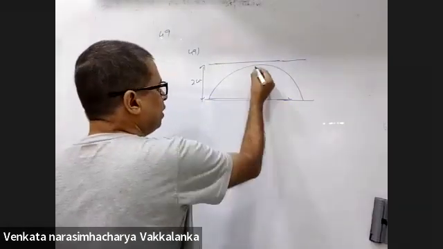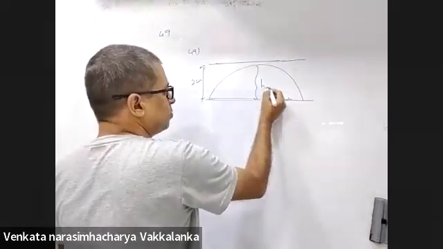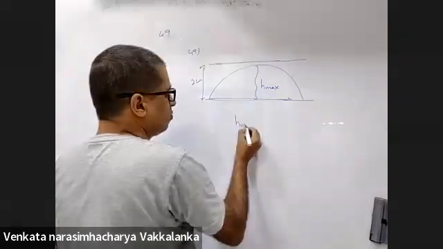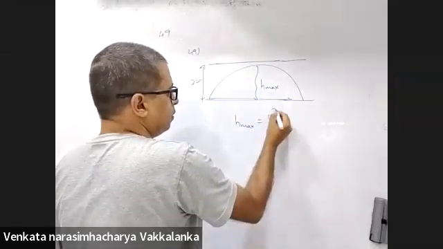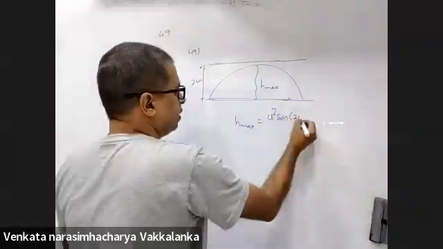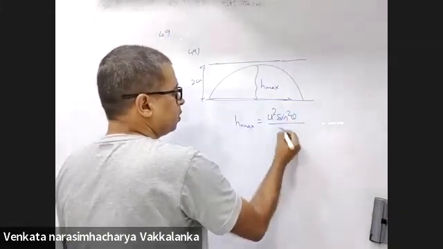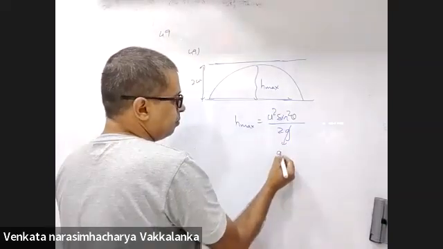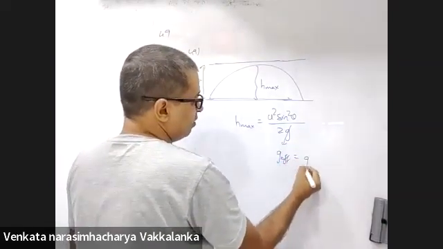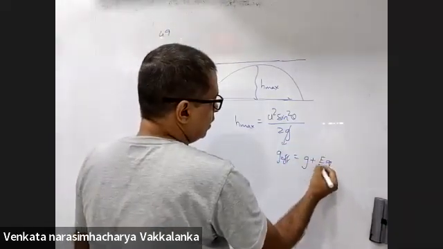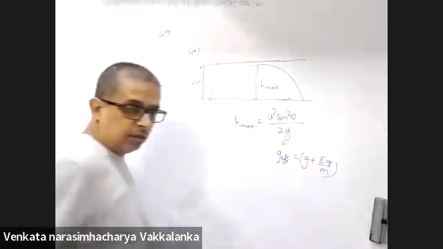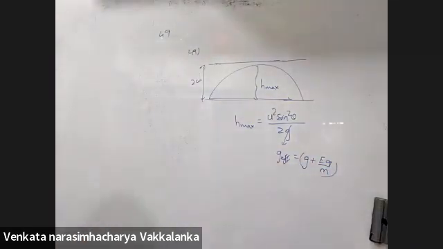Here generally you can find out H maximum. H maximum, what is your formula? U square sine square theta by 2g. Here I will put G effective. What is G effective? G plus EQ by M. Is it a positive charged particle or negative?